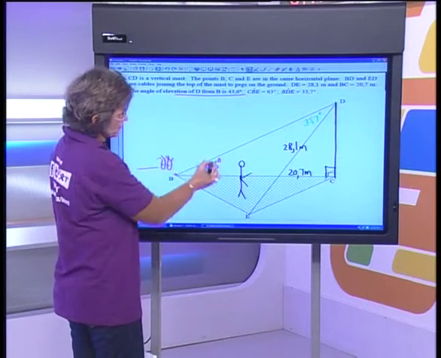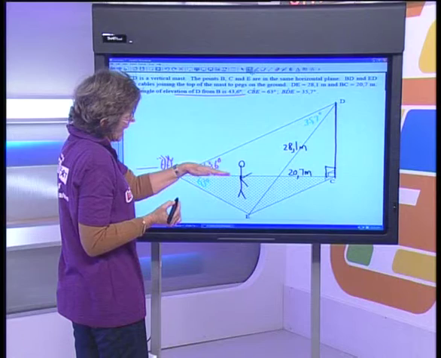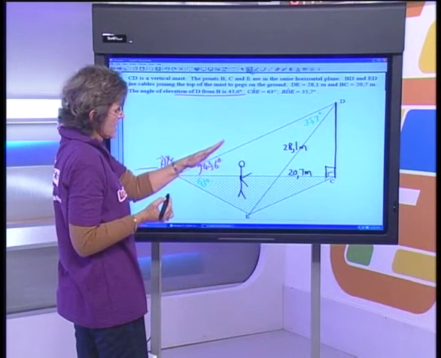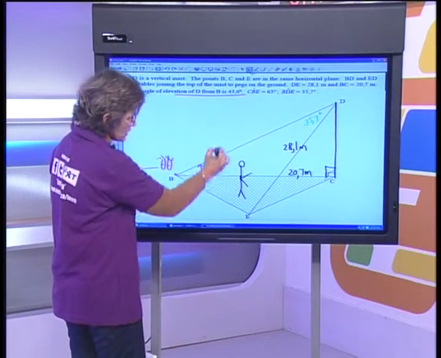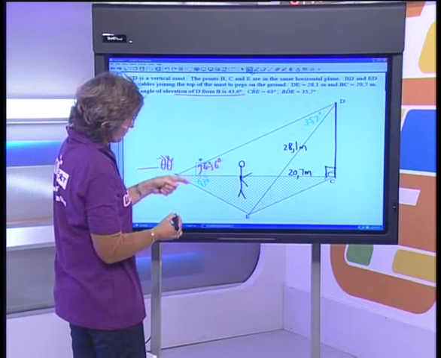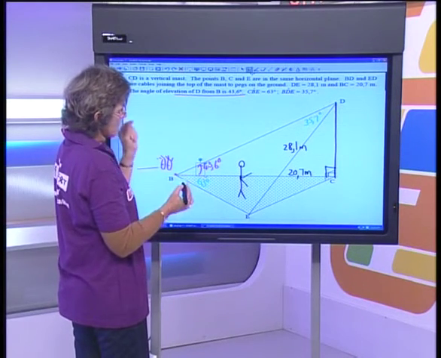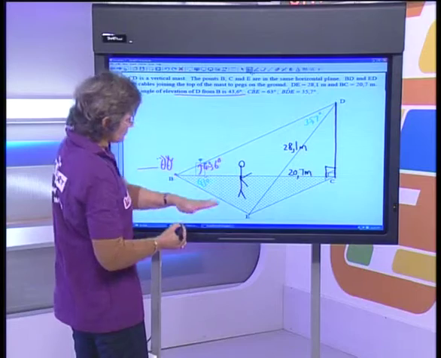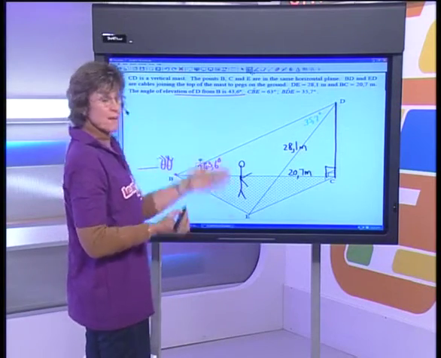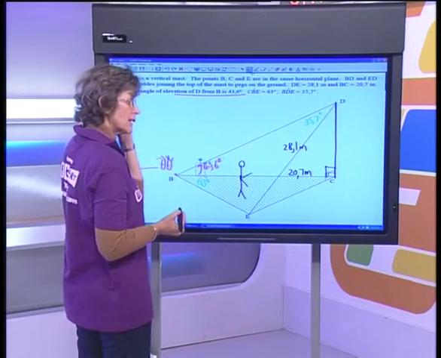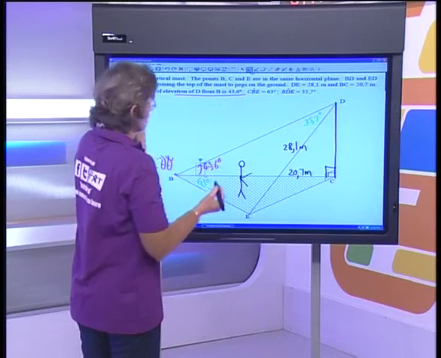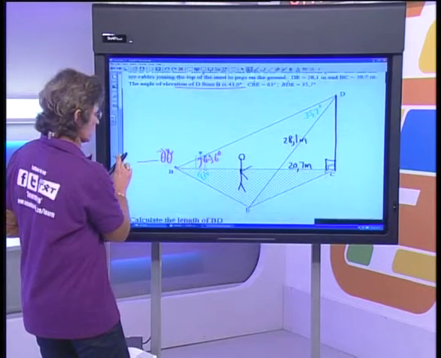This piece here, the 43.6, is actually an angle measured through the air, and so you cannot think of this 43.6 and the 63 being one angle, because the one is on the ground and the other one is up into the air. That's what your angle of elevation means. Okay, so you've got the picture. Let's get going with the question.